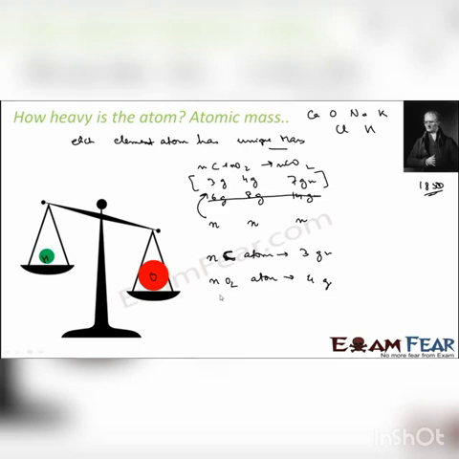With this, you can say that oxygen is heavier, because the same number of carbon atoms is 3 grams, while the same number of oxygen atoms is 4 grams. That means oxygen is heavier. Hope you are following. See, 3 grams of carbon and 4 grams of oxygen give 7 grams of carbon dioxide. This is experimental data.